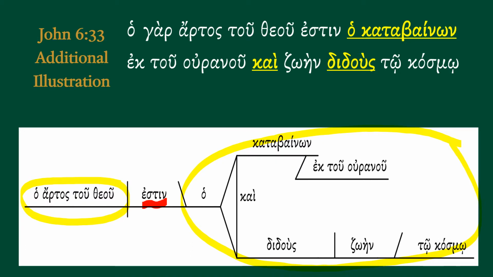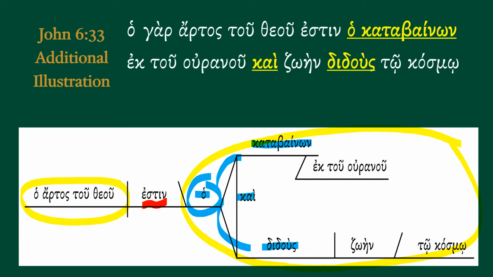The TSKS construction again is made up of an article ho, a substantival participle katabainon, kai, and another substantival participle didous, because remember, as we said, this article governs both participles.